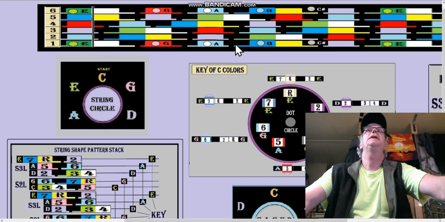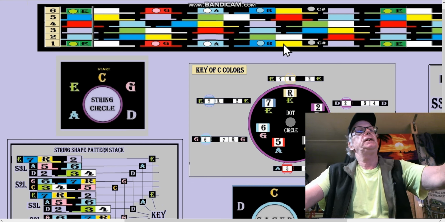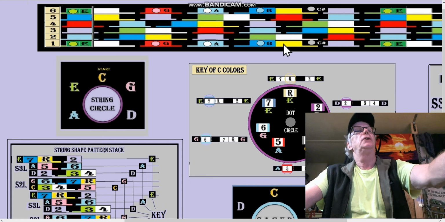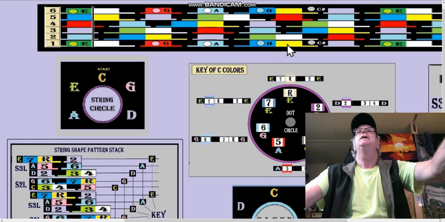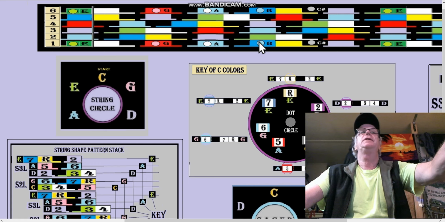We're not doing it in CAGED, because in CAGED, when you go to the left, instead of C, D, E, G, A, if you're starting on the E shape in CAGED, you would go to the G shape. So it'd be root 7, 6, and then you'd go to the E shape there.